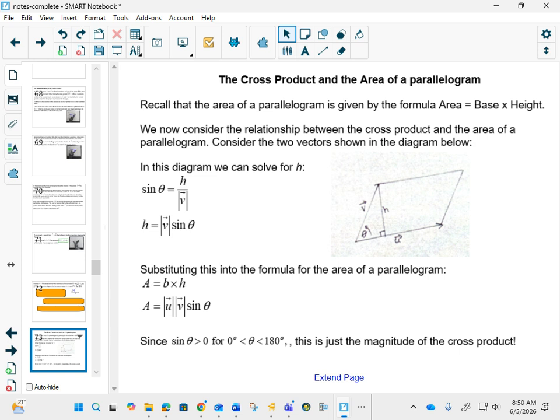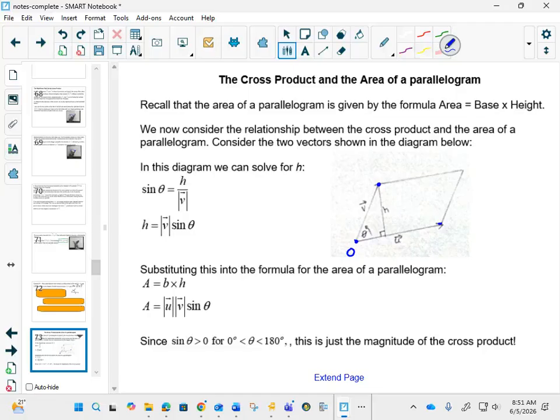So we have two vectors, u and v. It's like saying I have the origin here, and a point here, and a point here. And with those 2 points, I could make a parallelogram.